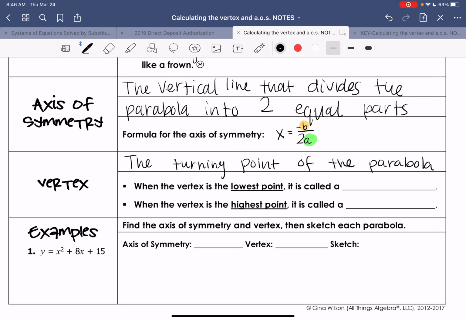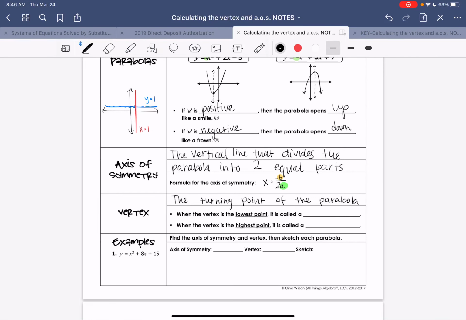When the vertex is the lowest point of the graph, like we see in this first one, we're going to call this a minimum. But in this other example here, if the vertex is at the highest point of the graph, we're going to call this a maximum.